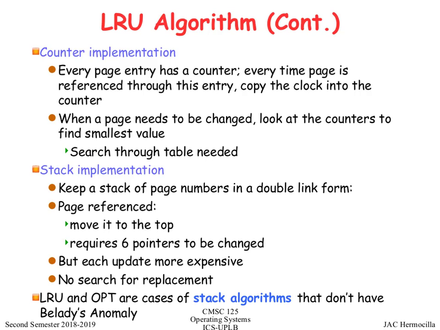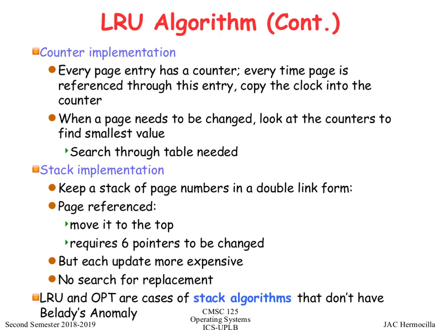So when the time comes to determine which page to replace, you simply replace the page that is at the bottom of the stack, because that is the page that has not been accessed for a long time. Now, it will require 6 pointers because you have to be able to move a page up to the top of the stack.